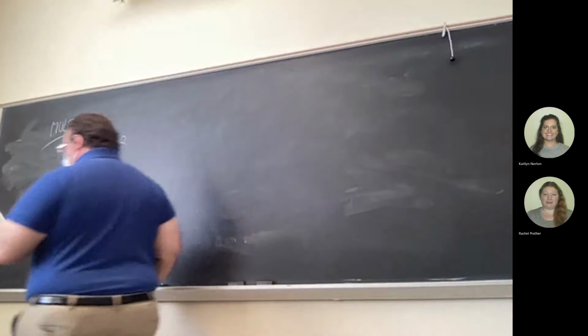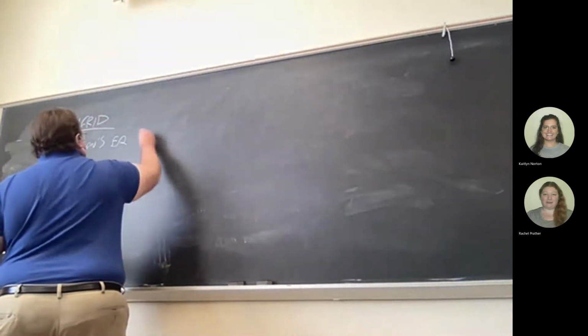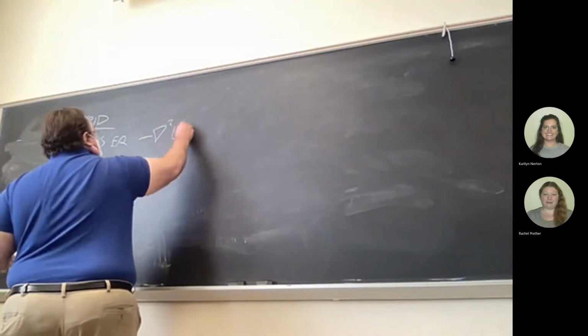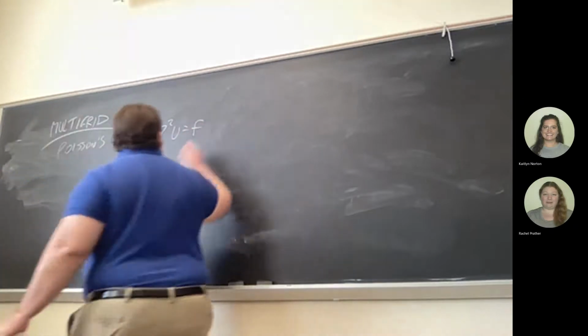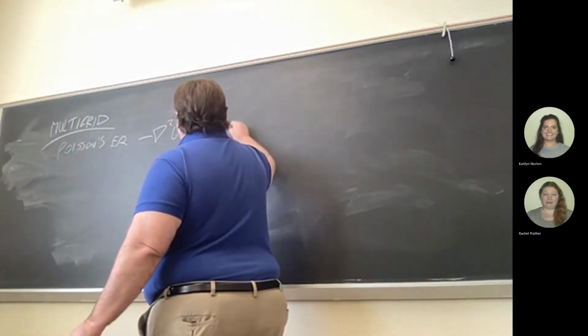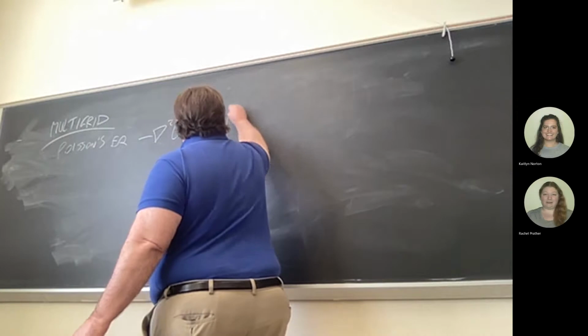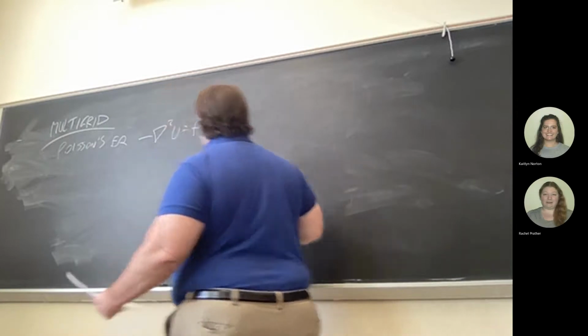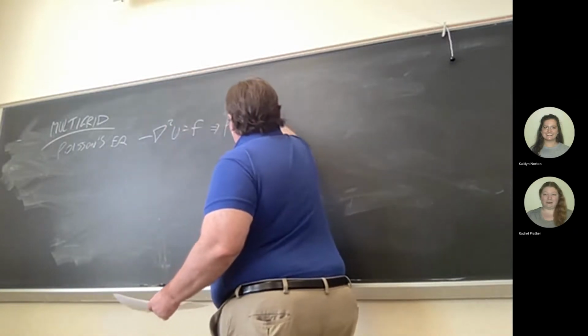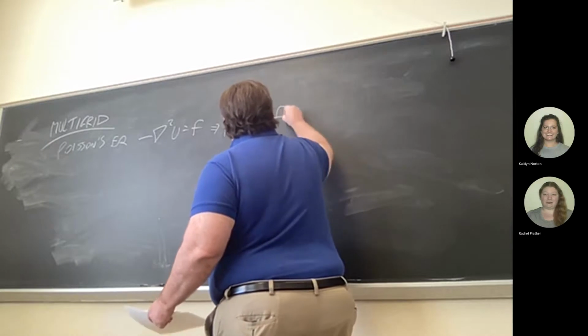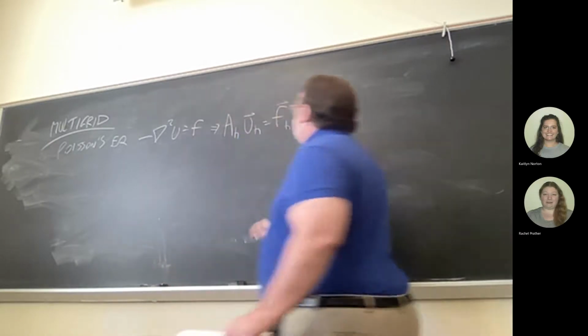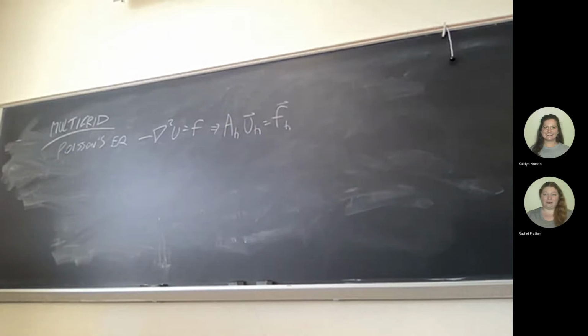Okay, so Poisson's equation. All right, and so you discretize that as you have been doing in the homework, and you have a system of this form. And I'm using a subscript h to indicate the grid spacing h from your finite difference discretization.